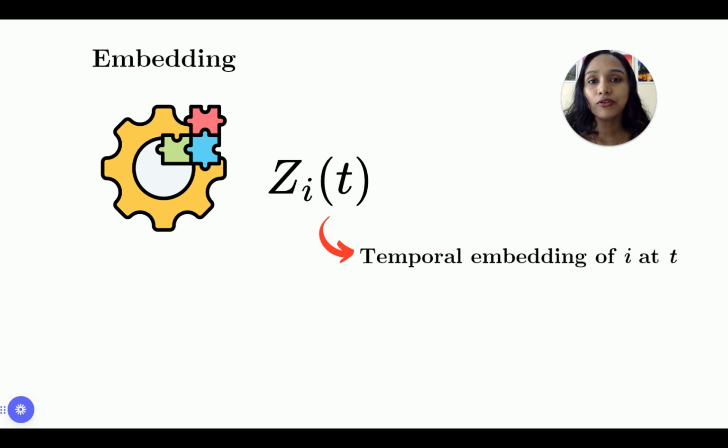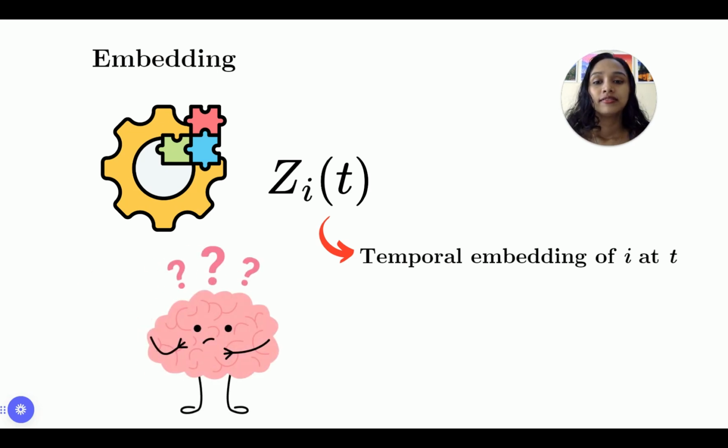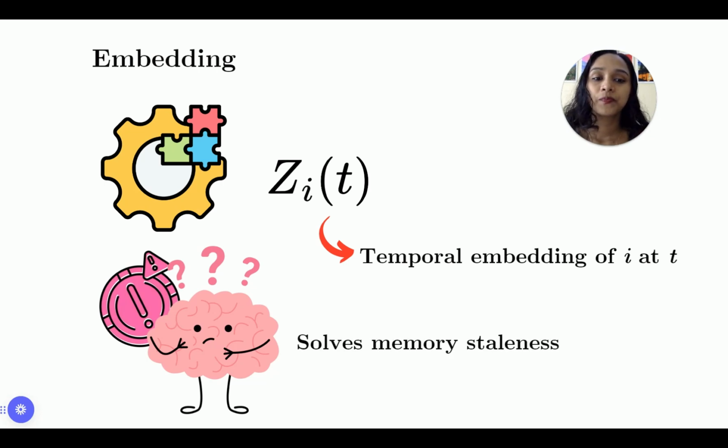The purpose of this embedding module in TGN is to solve the problem of memory staleness. So what is memory staleness? For example, imagine a social media platform with millions of users. These users can log in to this social media platform at any time, and we can show them content and recommend ads that might influence them.